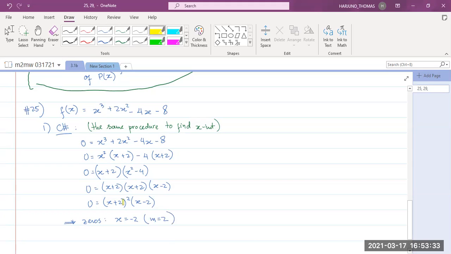From here you get this. The multiplicity of 2 comes from the exponent. And we have another zero, x equals 2, which comes from here. Now, why do I have to note the multiplicity? Because it will affect how we do the sign graph later on. If you don't write the details since the beginning, then you will lose even more details later on.